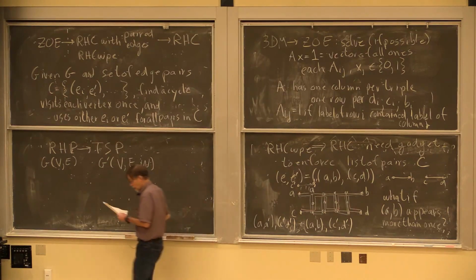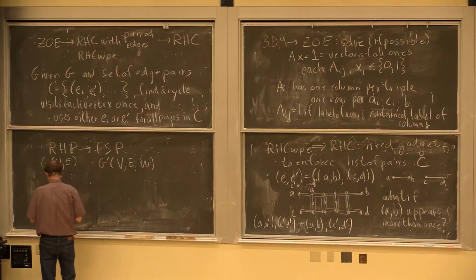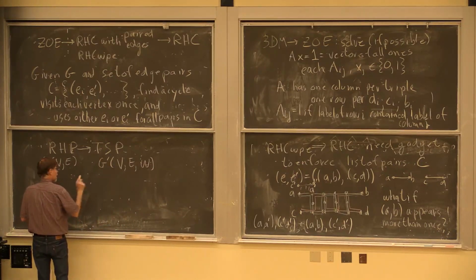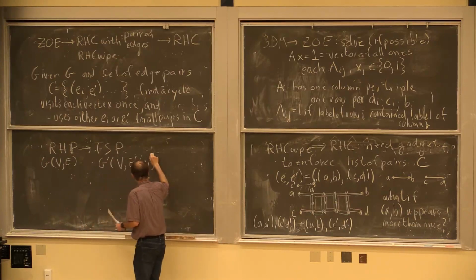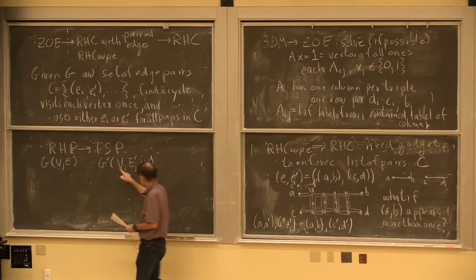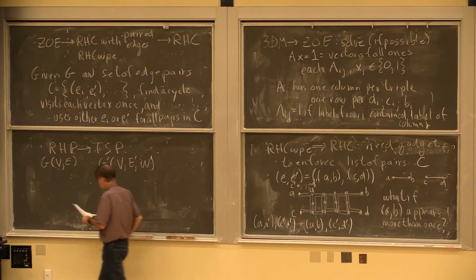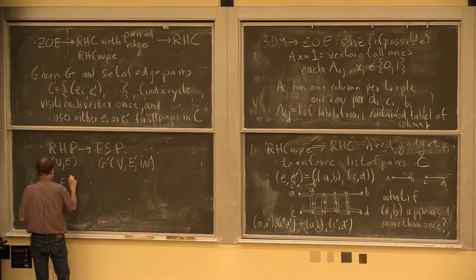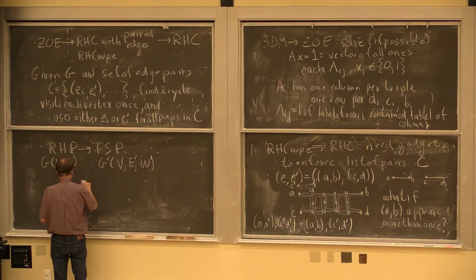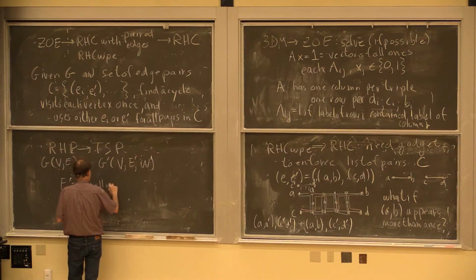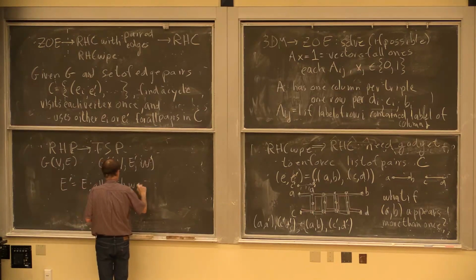Okay. So what I'm going to do is the following. I'm going to introduce some new edges and some new weights. So it's going to be the same vertices. So what is E prime? E prime equals E, all with weights 1.